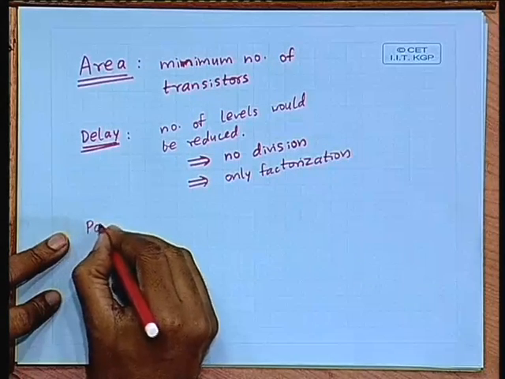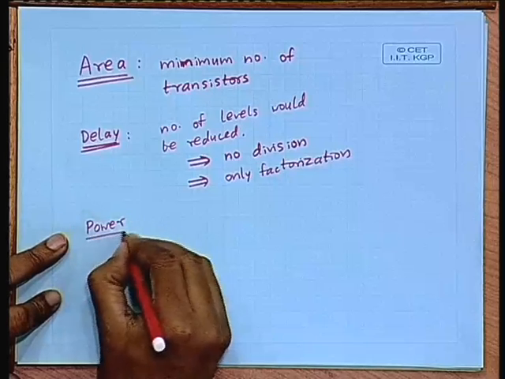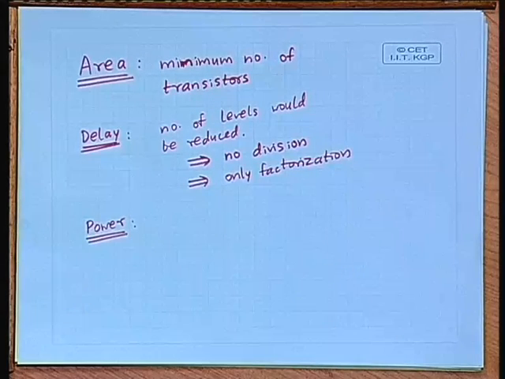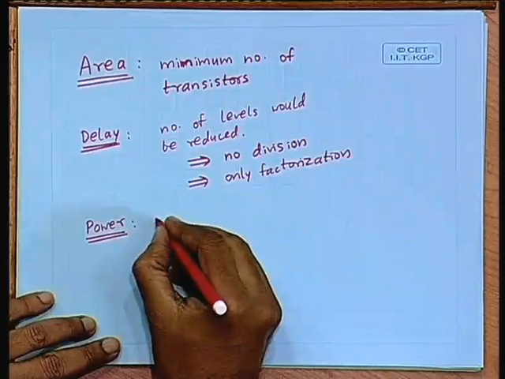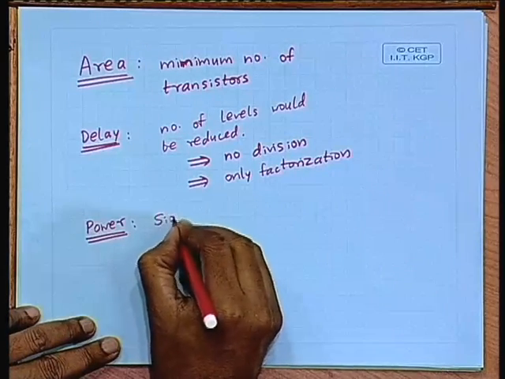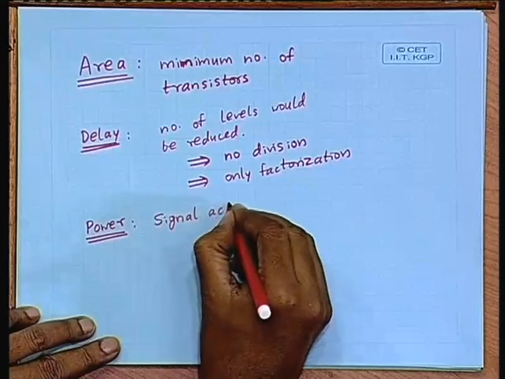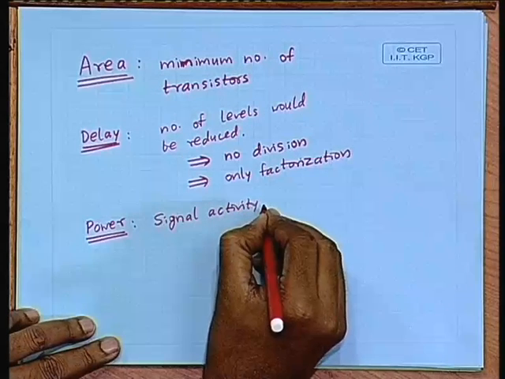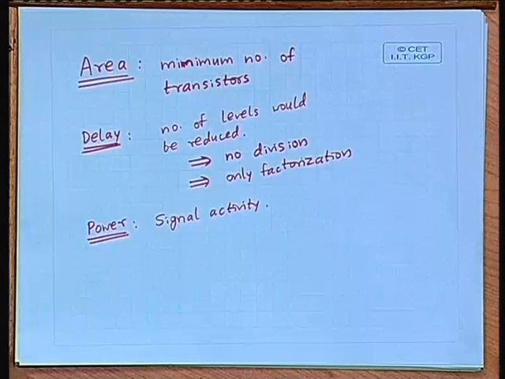But when your greater concern is power, of course, power optimization cannot be assessed so easily. So somehow we will have to measure or estimate the amount of signal activity in the circuit. The idea is that in a CMOS gate, if the inputs do not change state, the output obviously is also not changing state, and the quiescent power consumption of the gate is almost close to 0.